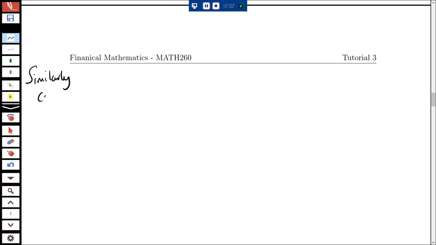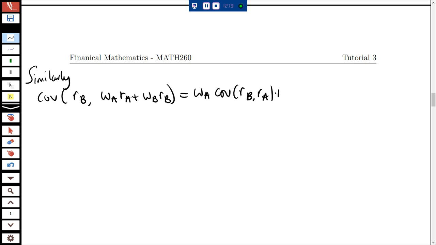Similarly for asset B, the covariance against the market, again using the linearity, is the covariance of the return on B, okay, so the covariance of A and B, which we write as sigma AB.